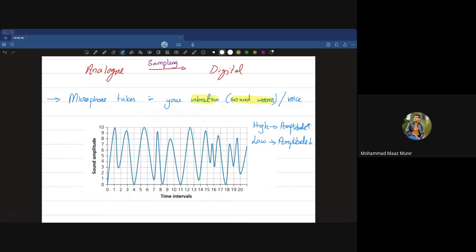Once you study the chapter about waves, you will understand that a sound wave, which is basically vibrations in the air, can be represented through a diagram having an amplitude and a time interval. The amplitude means the maximum distance it can cover.